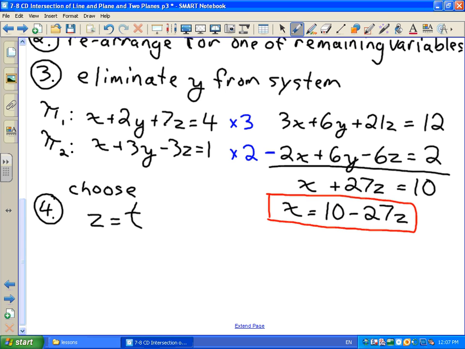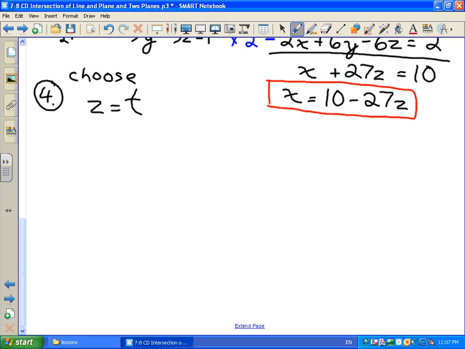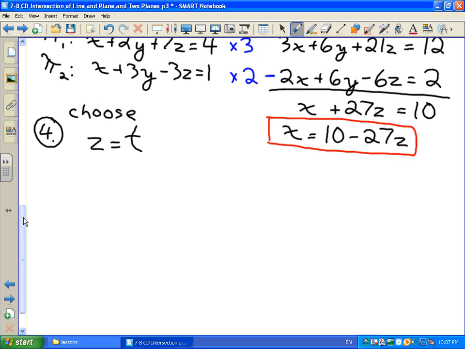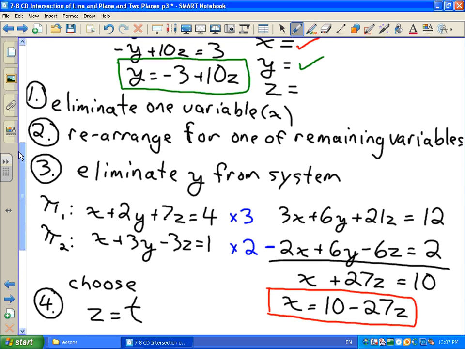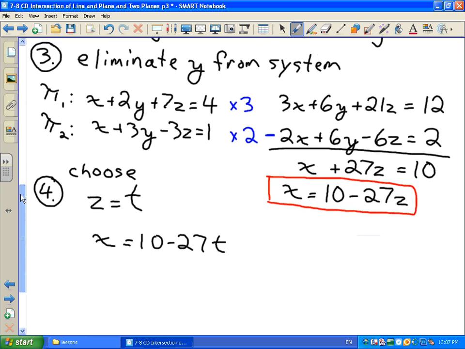Okay. Because what does that give us? Well, if z equals t, this expression here for x becomes x equals 10 minus 27t. Our y expression becomes y equals negative 3 plus 10t.